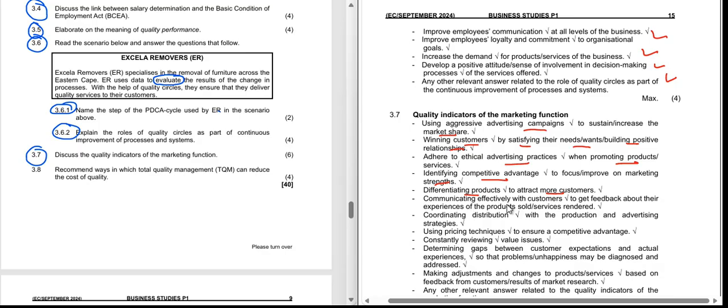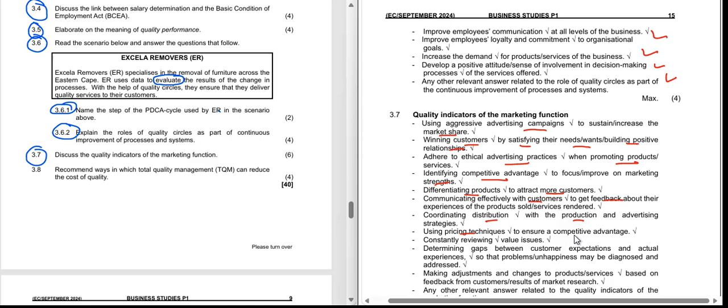Communicating effectively with customers to get feedback about their experiences of the products sold or services rendered, coordinating distribution with the production and advertising strategies, using pricing techniques to ensure a competitive advantage.